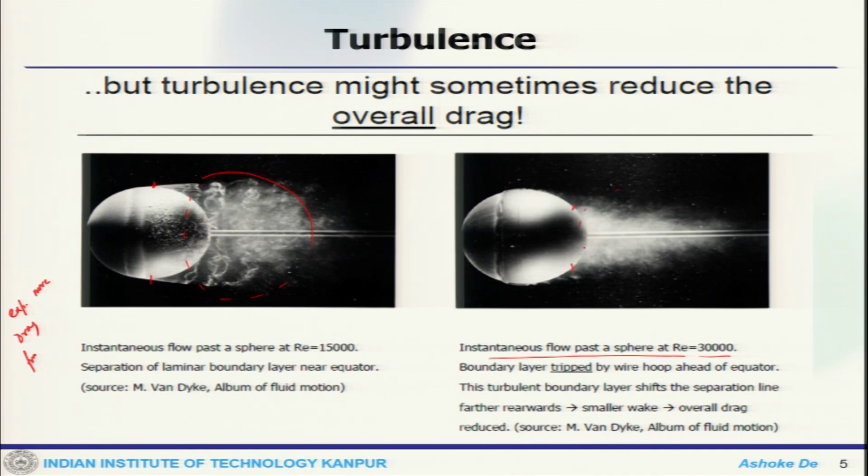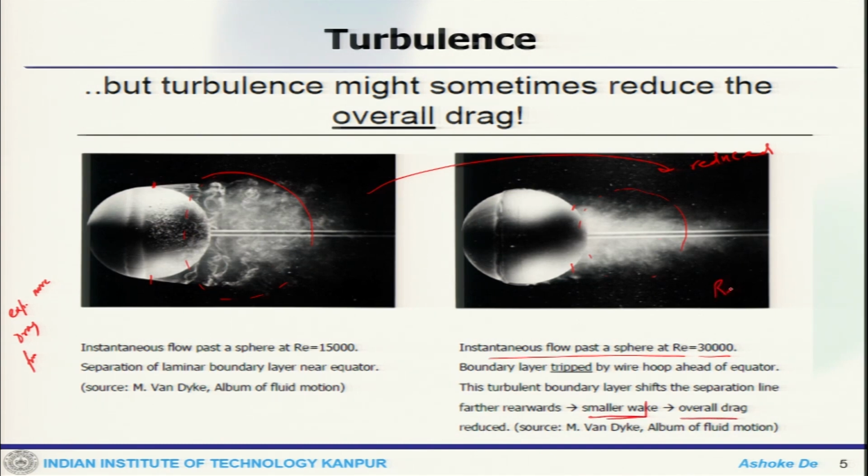The zone having the adverse pressure gradient, from here to here, is quite reduced. So what happens physically is that with the increasing Reynolds number, the turbulent boundary layer shifts the separation point towards the rear portion of the sphere, or towards the rear stagnation point. So you have a smaller wake, and the smaller wake will reduce the overall drag.